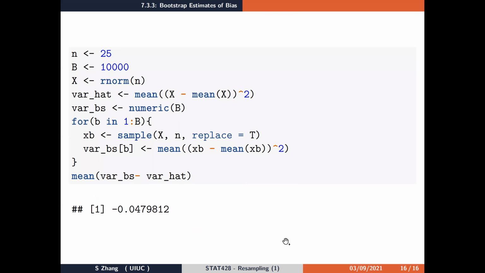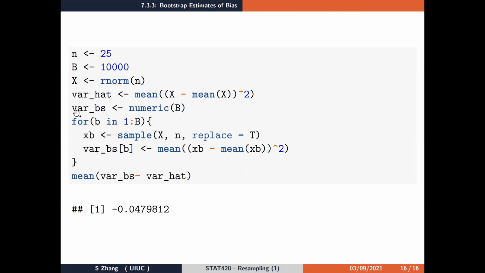Now let's write the code to obtain the bootstrap estimate of the bias. n is equal to 25, and we're going to do 10,000 bootstrap replications. We first generate our x values, which are 25 values from the standard normal distribution. The MLE evaluated at the original sample is the mean of the squared deviations between the x values and the sample mean.